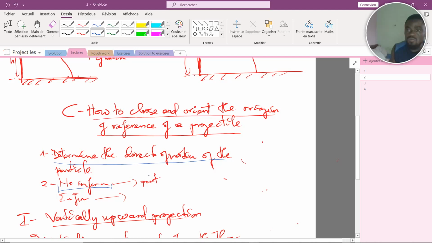If no information is given, then I take the point where the particle starts the motion as the origin of reference, and I orient my reference. If information is given, then go to that point where they said you should take as origin of reference, mark your O there, and orient your reference.